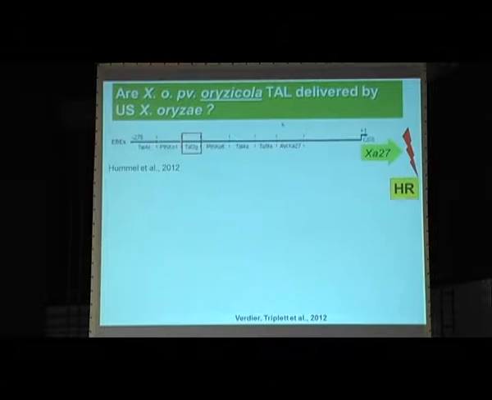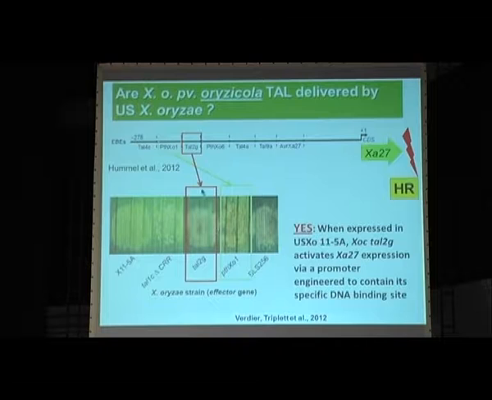So what should happen is, with those 2 effector binding sites in front of the XA27 gene, if we add a TAL to the bacteria and it's delivered into the host plant cell, the TAL should bind to the PTHX01 effector binding site and activate XA27, and we should get a hypersensitive response. So we did that. We put the TAL2G and the PTHX01 into individual US strains and asked, do they activate the hypersensitive response?